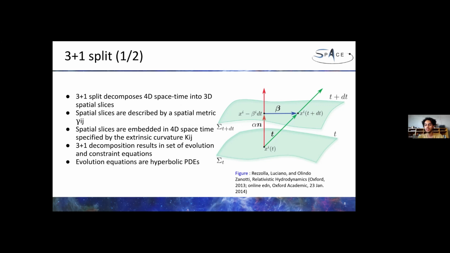The first development of this 3+1 split resulted in equations that were elliptic, I believe, which aren't numerically stable, which blow up and cause your simulations to result in nonsense, basically.